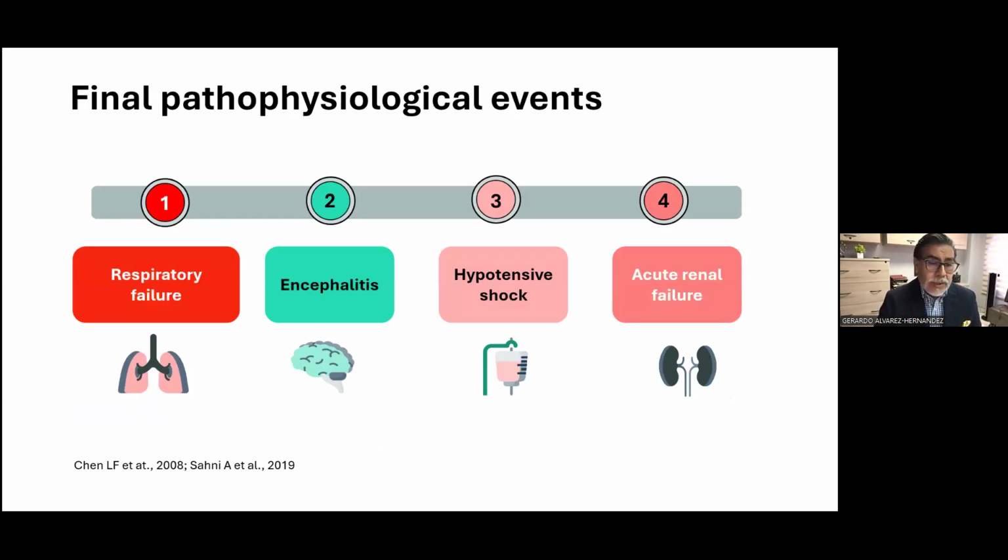Although there are multiple manifestations of RMSF's clinical severity, four stand out. Number one, respiratory failure, encephalitis, hypotensive shock, and acute renal failure, which explains the difficulty in managing critically ill patients.